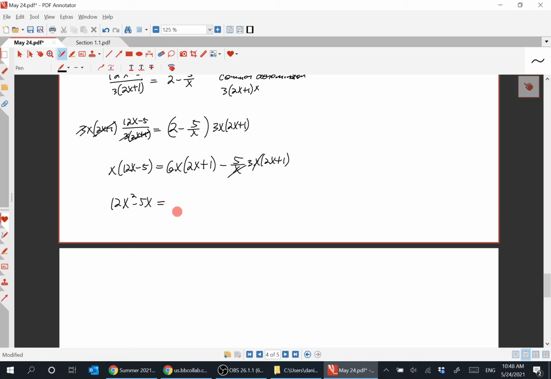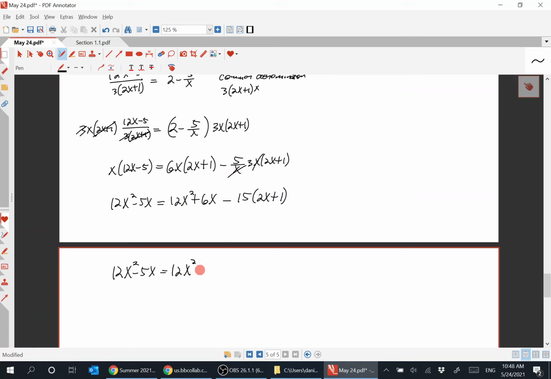Multiply through here, and this is 12x squared plus 6x minus, now I need to clean up this expression before I can multiply through. Keep working on the right-hand side here. The left-hand side is done. 12x squared minus 5x.